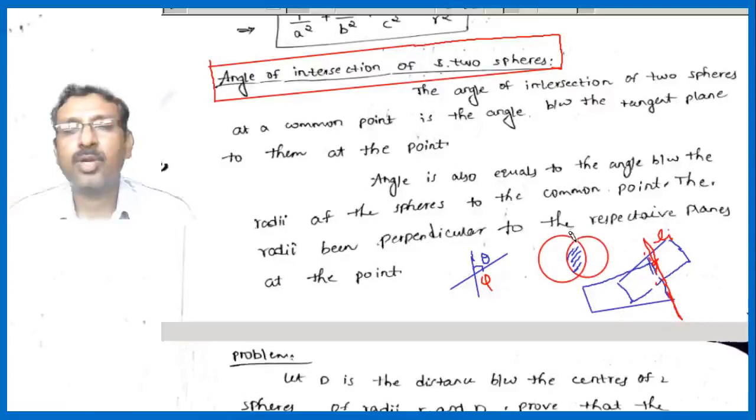We take a point of intersection, some P, which lies on both spheres C1 and C2.